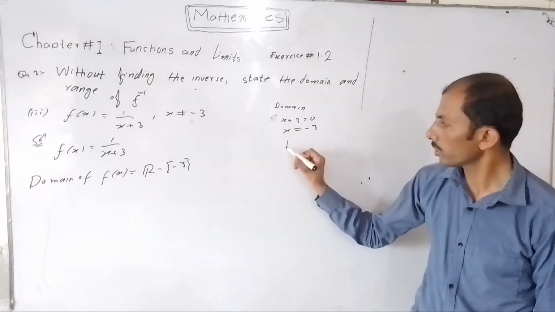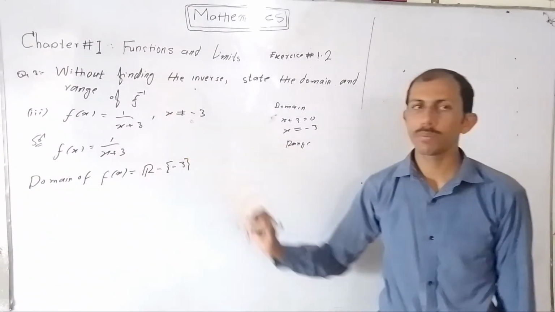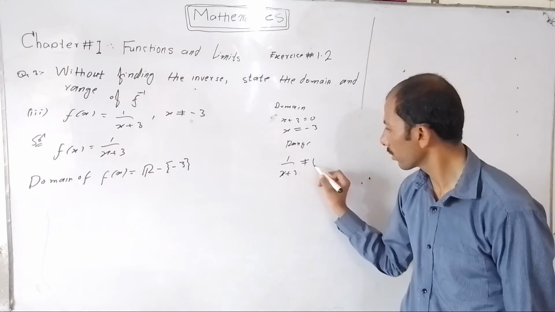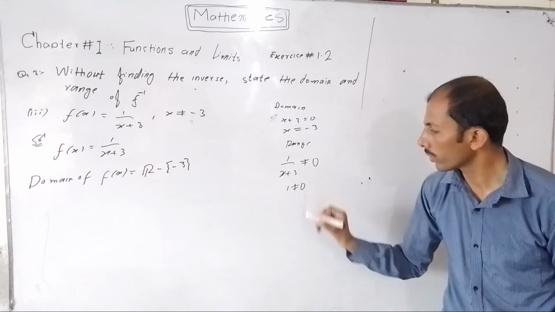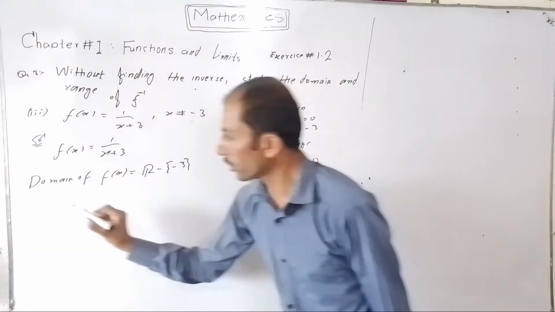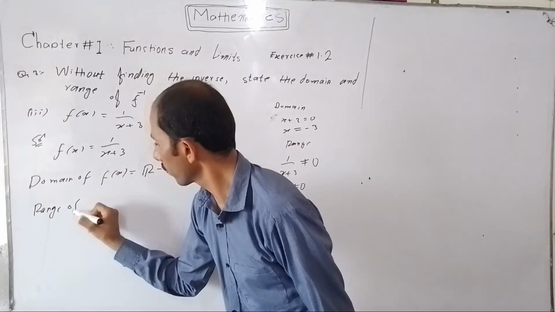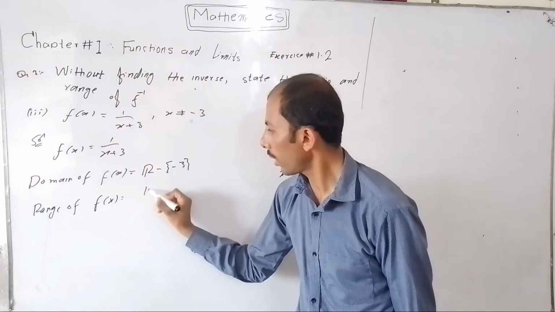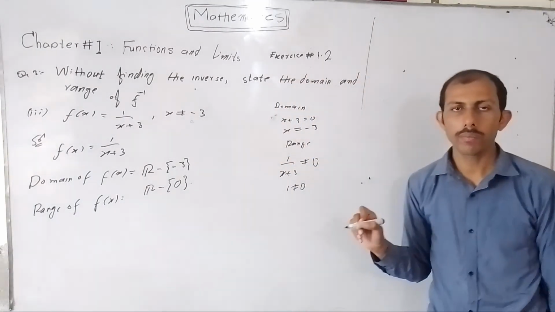Next, range. In case of range, 1 divided by x plus 3 not equal to 0. So 1 not equal to 0, which is impossible. So range of f of x is equal to all real numbers other than 0.